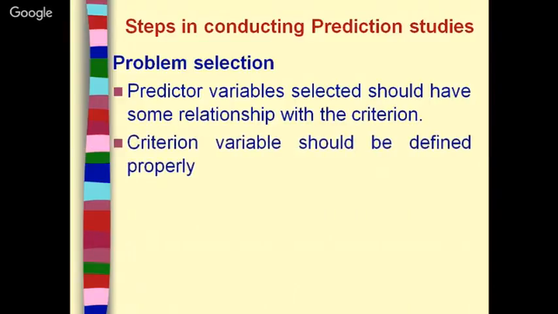The criterion variable should be defined properly. When I say success in the engineering college, or success in the industry, how can I measure these two things? I don't take the case of industry, that may become a bit complicated.